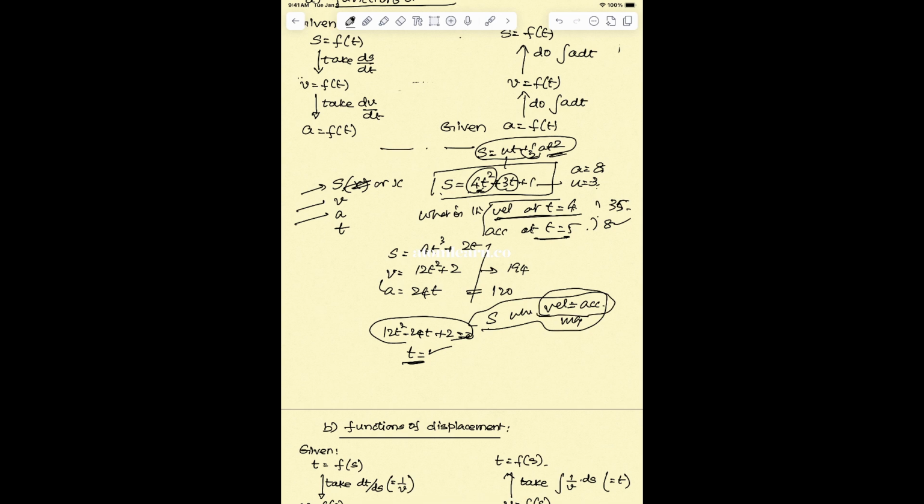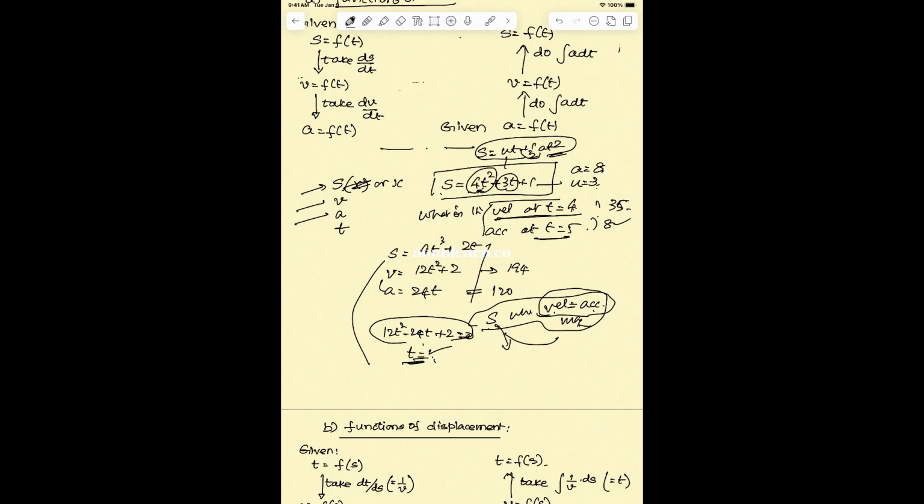Applying this, you solve for t, and then put that particular value of t in the s function to get the final answer of what they are asking: what is the displacement when velocity and acceleration have the same magnitude.